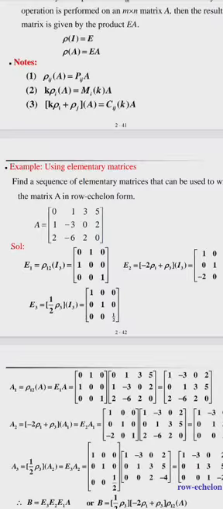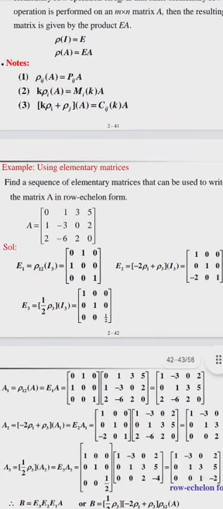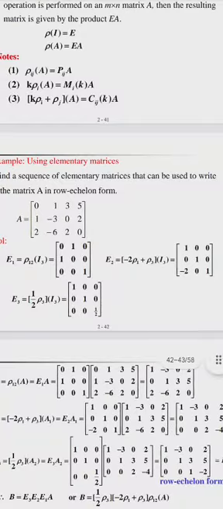Next we write the E2 matrix, with the operation minus 2 row 1 plus row 3 in I3. Multiplying, the answer is 1 0 0, 0 1 0, minus 2 0 1.